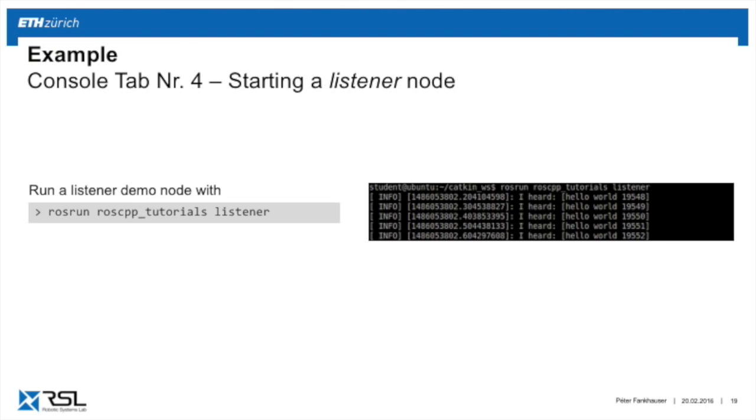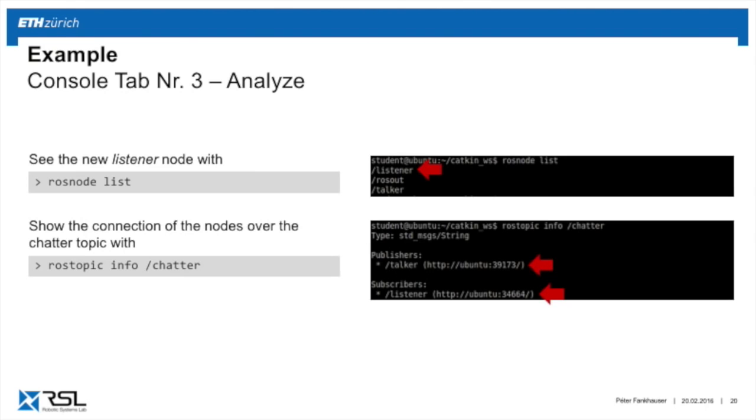Now to see that these two nodes are now working together, you can leave them running and go back to your console number 3, where you analyze things. And then you can, again, use the same command as before, rosnode list. Before we only had the talker. Now you'll also see that you started the listener and you have these two nodes running.